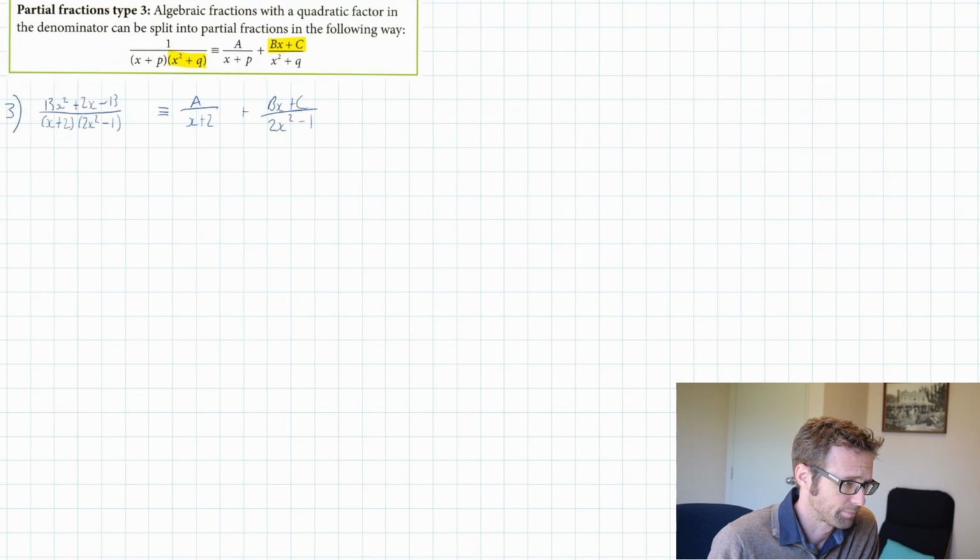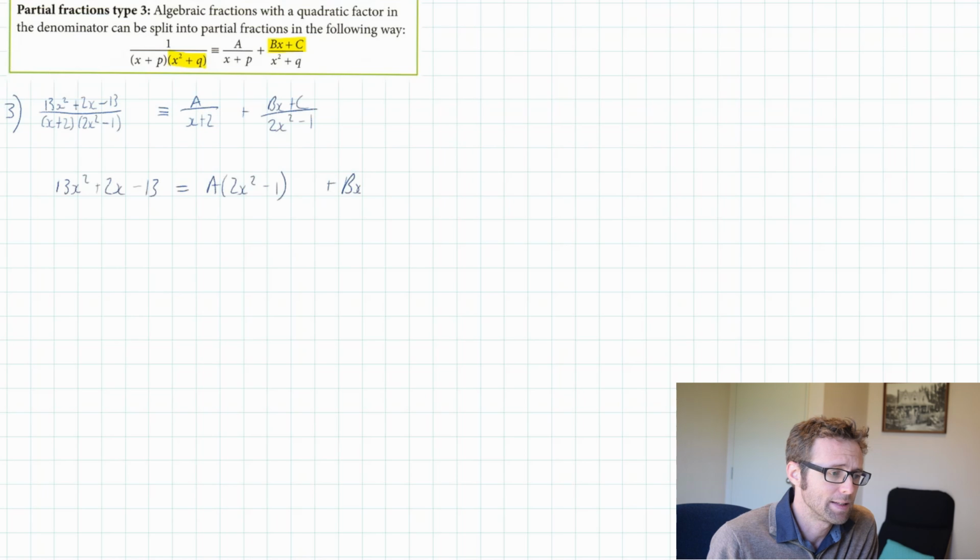Now, that means that 13x squared plus 2x minus 13, the numerator, is going to be equal to a multiplied by 2x squared minus 1 plus bx plus c, and that's all going to be multiplied by x plus 2.